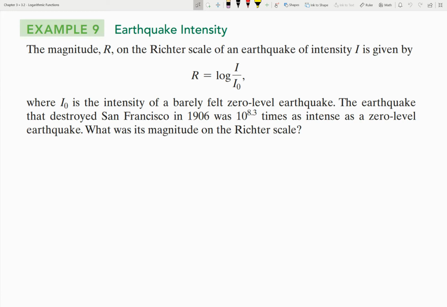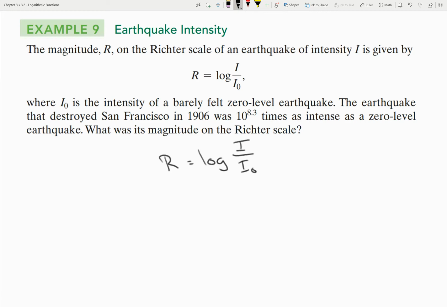So what was its magnitude on the Richter scale? Well, if I look at my formula, this is kind of silly, it's more interesting to calculate these Richter scale numbers without a comparison.